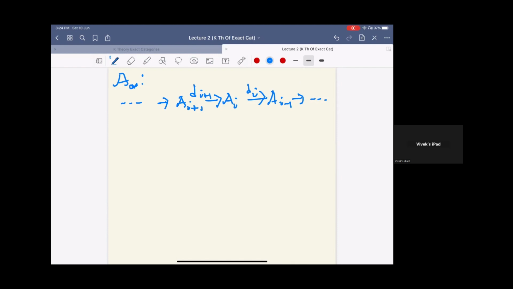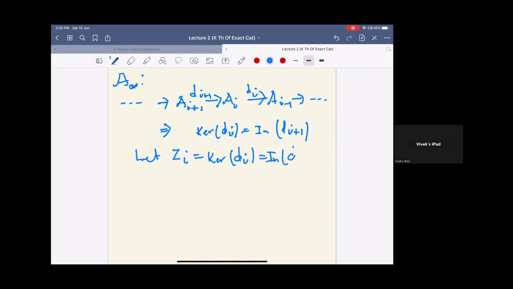Suppose this is a long exact sequence in an abelian category. What does that mean? This implies the kernel of d_i is the same as the image of d_{i+1}. So let Z_i be the kernel of d_i, which is the same as the image of d_{i+1}. So this is a long exact sequence in an abelian category.